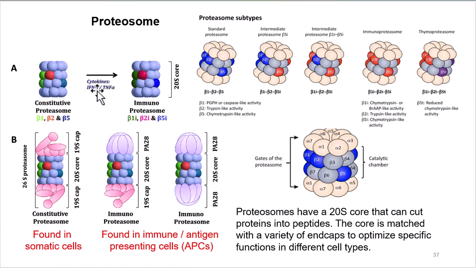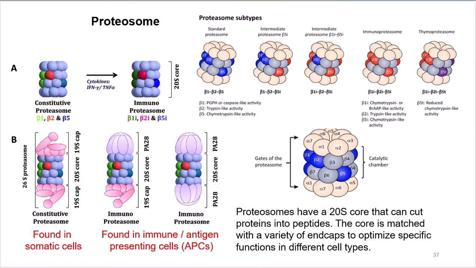Now, under the influence of the cytokines interferon gamma and tumor necrosis factor alpha, you will come across these names at some point. They're things that can alter cells, and they can make something called an immunoproteasome. The immunoproteasome is found in the antigen-presenting cells.